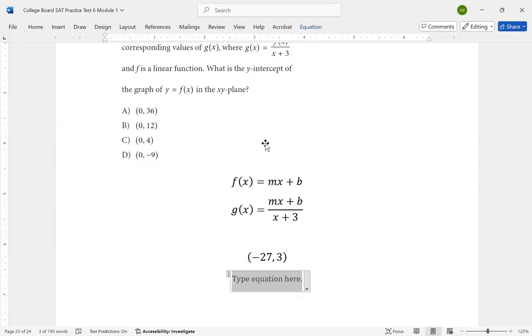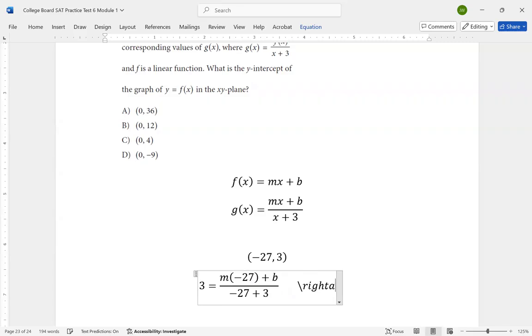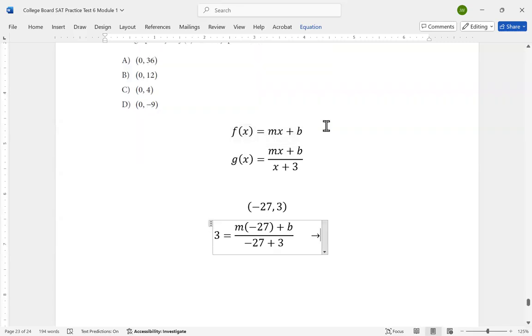When I do that, I get an output of 3 when my x is negative 27, excuse me. So I get that. And if we rewrite that, negative 27 plus 3 is a negative 24.